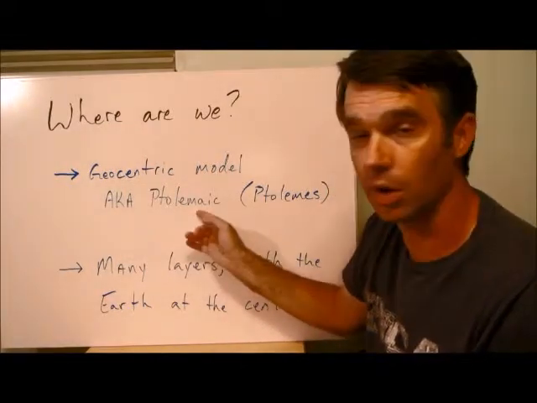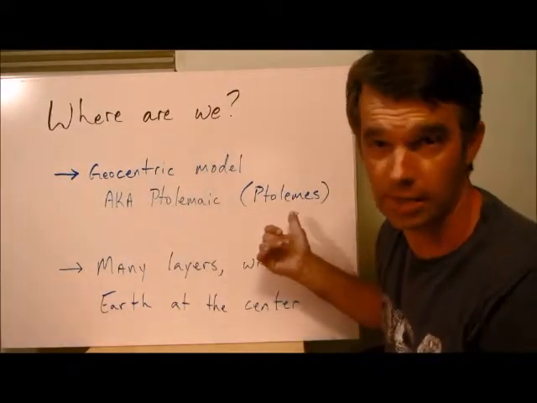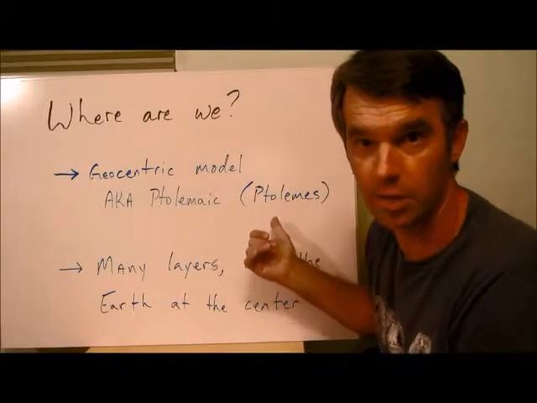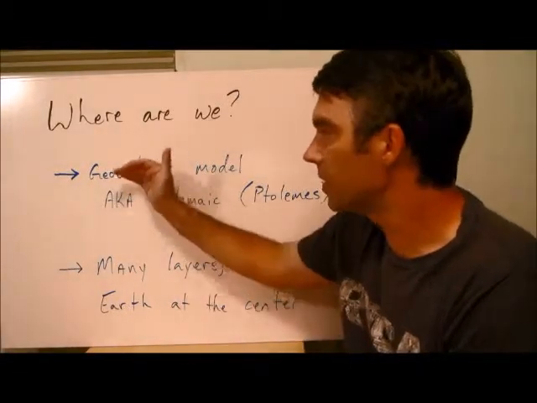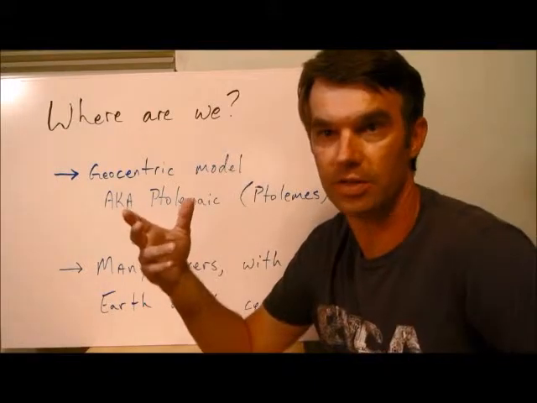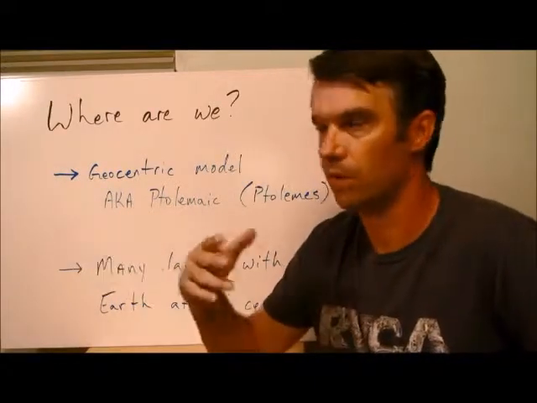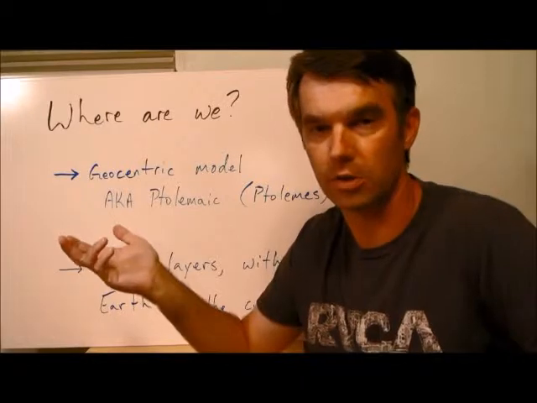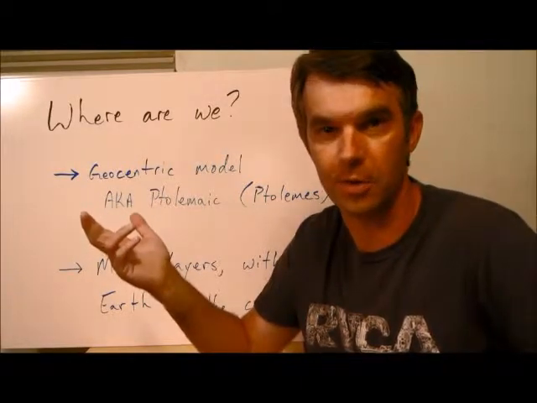This is also known as the Ptolemaic model, after Ptolemy, the Greek guy who came up with it. This had been the model that people saw the Earth as, and understand this is thousands of years ago. Well, what do you have to do except walk outside and look around and see what's going on at night?